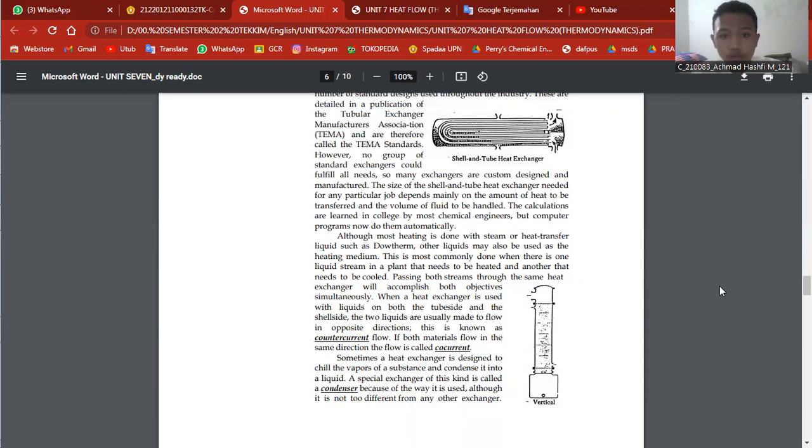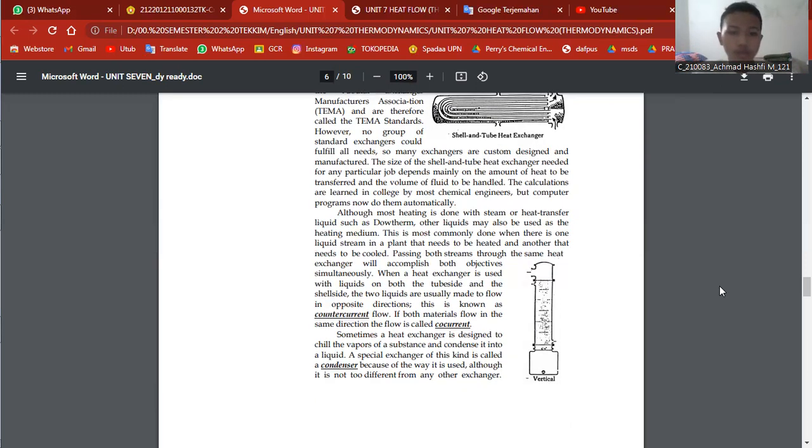The size of the shell and tube heat exchanger needed for any particular job depends mainly on the amount of heat to be transferred and the volume of fluid to be handled. The calculations are learned in college by most chemical engineers, but computer programs now do them automatically.